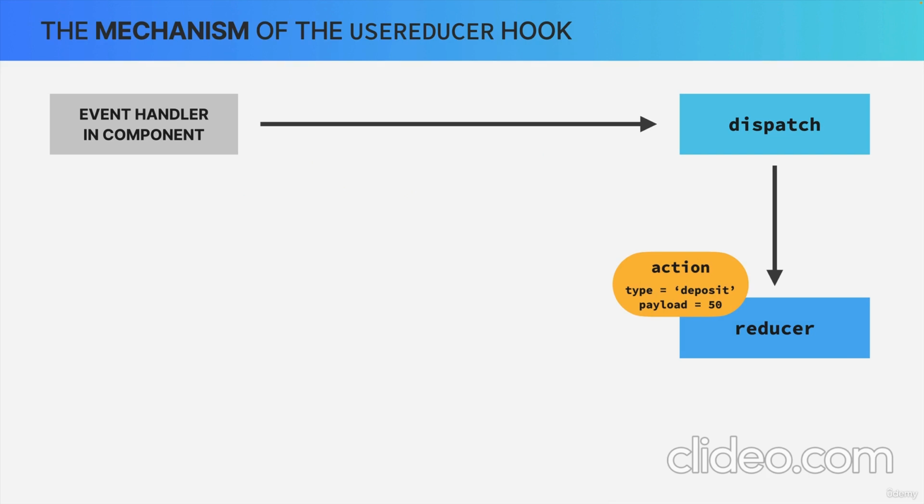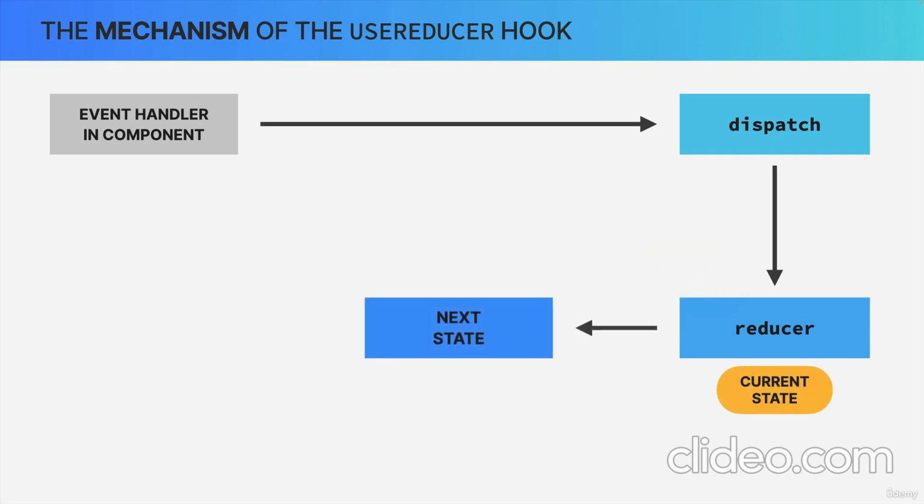The reducer takes the action type and the payload and, together with the current state, calculates the next state, so the new state value. And to finish, as the state updates, of course, the component that originated the state transition will re-render. So this mechanism should be familiar to you at this point, because now we're going to add two more things onto this in order to learn how Redux works.